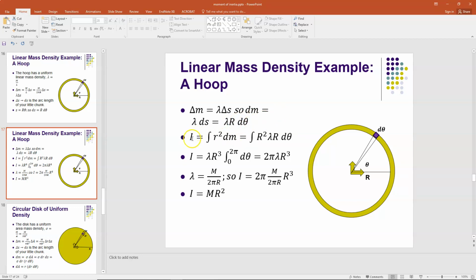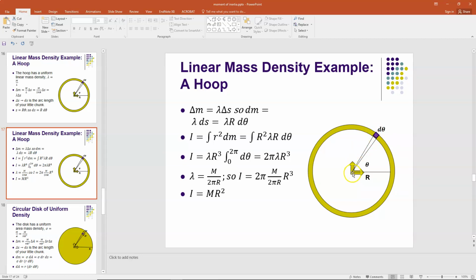Now remember, for our moment of inertia, the general equation is to integrate over r squared dm, where r is the distance from the axis of rotation to the point in question, and dm is the little differential mass element. So plugging in, all of our little chunks are at the same distance from the axis of rotation.